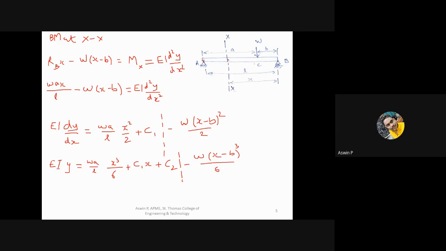This is the deflection equation. I will take a different color pen, black. This is the slope equation. This equation is known as the slope equation, and this equation is known as the deflection equation.